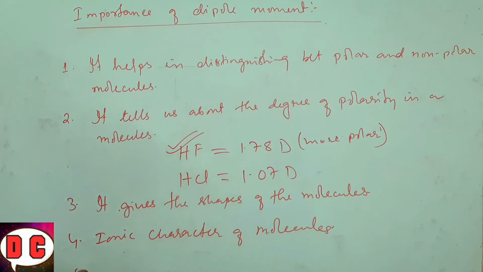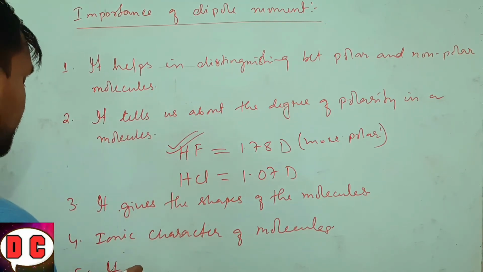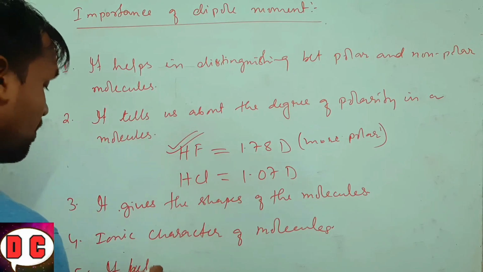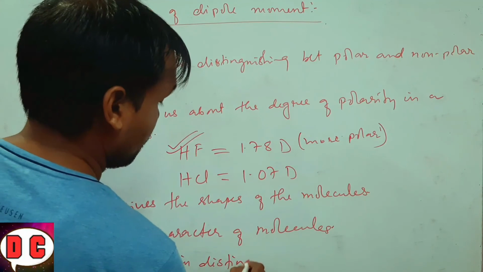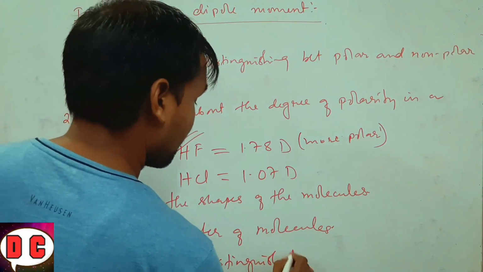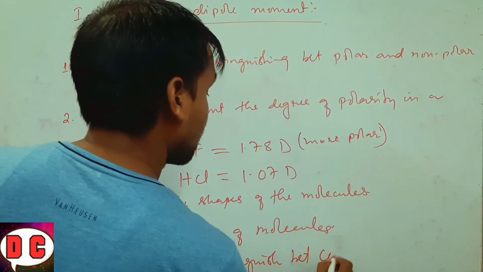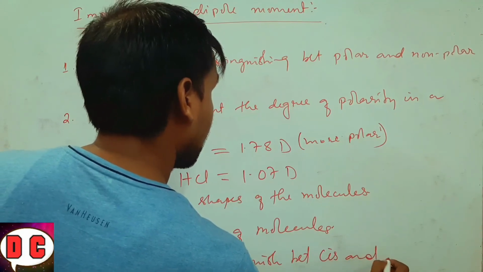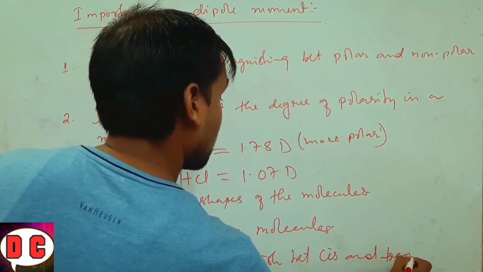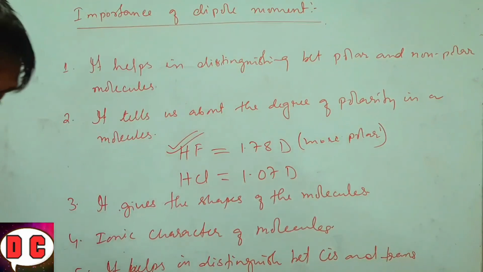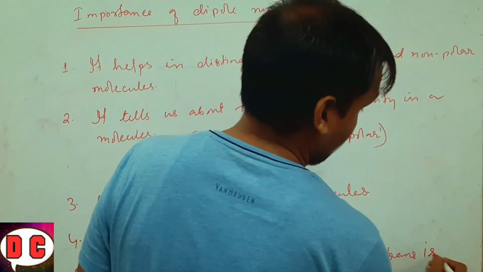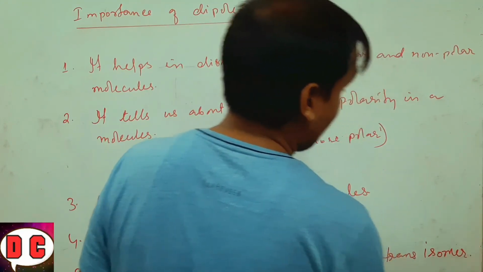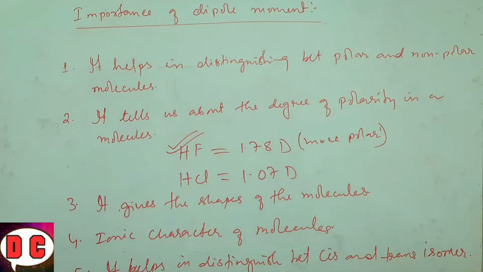The fifth point, a very important point, is it helps in distinguishing between cis and trans isomers. Got it, dear students? So these are the importance of dipole moment.